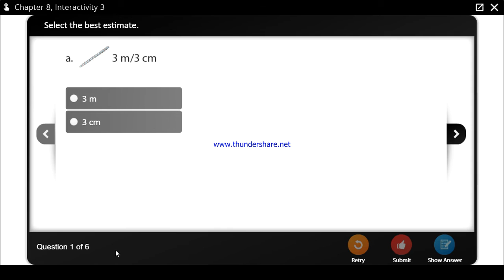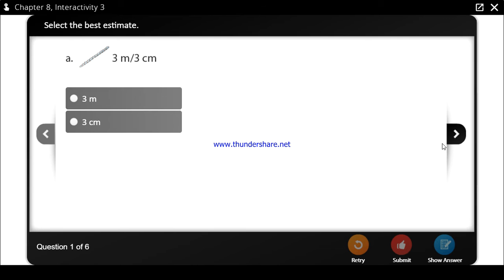My practice time 2. Select the best estimate. Best estimate means what is the difference between meter and millimeter and also centimeter.